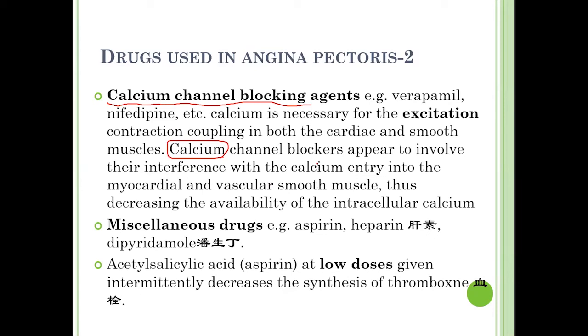So if we block the calcium there, it's kind of a relief, making the muscles not contract so strongly. So it decreases the heart muscles' oxygen use. So from this aspect it works.